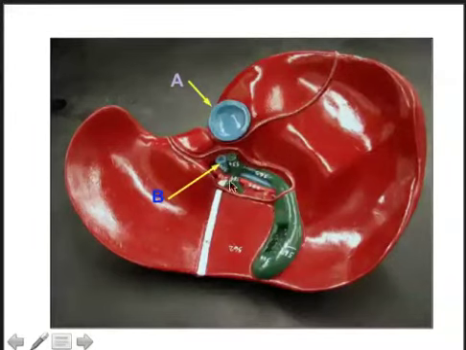Okay, so this is called the porta hepatis. This is the entry to the liver, and the way the hepatic portal vein works is that the hepatic artery and the hepatic portal vein merge, and what happens now is a mixture of oxygenated and deoxygenated blood perfuses the liver. Once inside the liver, the blood chemistry is adjusted, and the nutrient content is either reduced or enhanced by the liver depending on the body's energy needs.